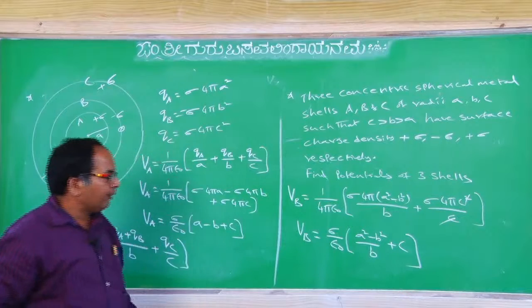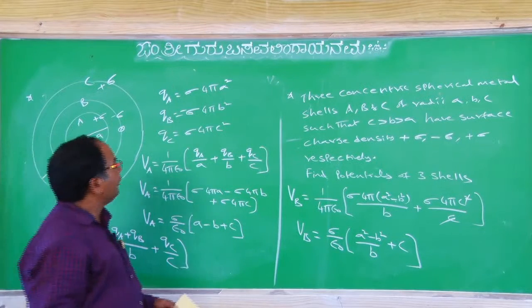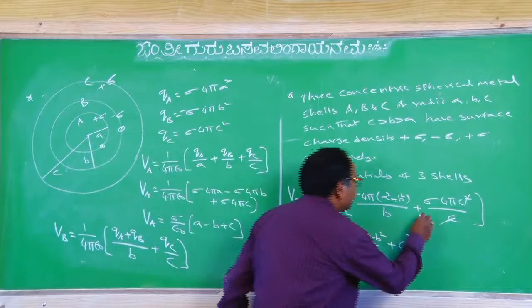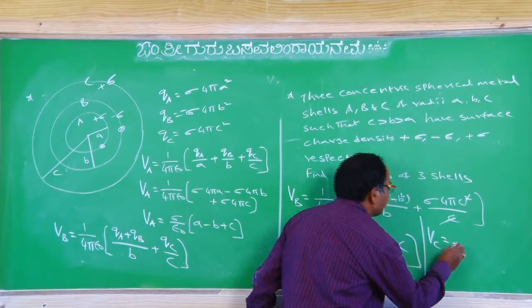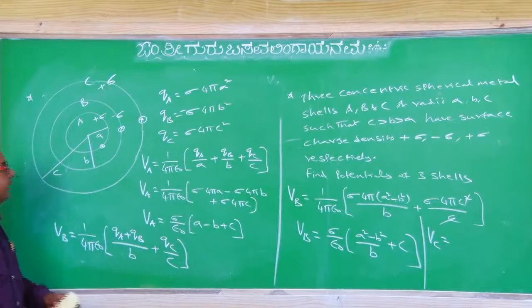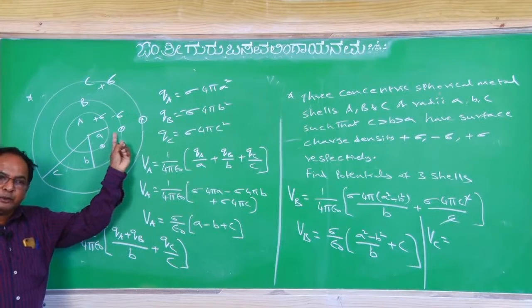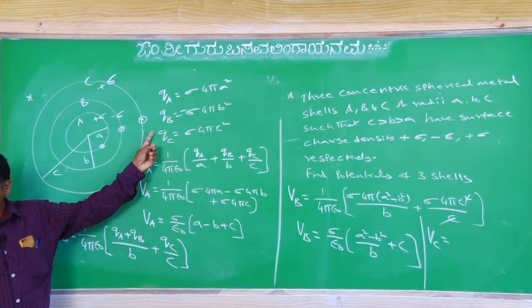This will become, what is that one? Potential at B. Similarly, you should try to tell the potential at C. At C, if you consider any one point, here only you should consider QA, here only you should consider QB, here only you should consider QC. Why?